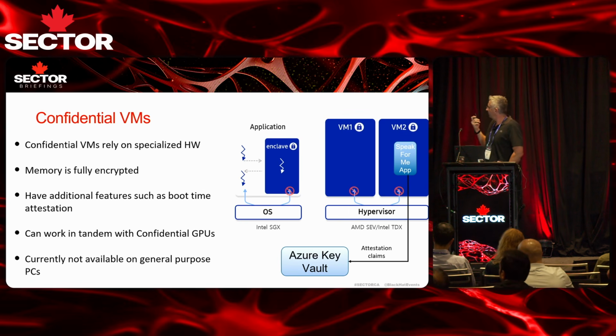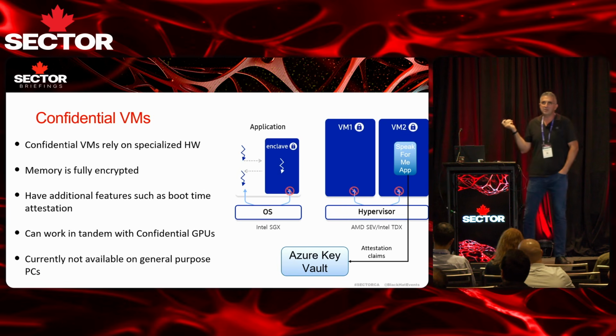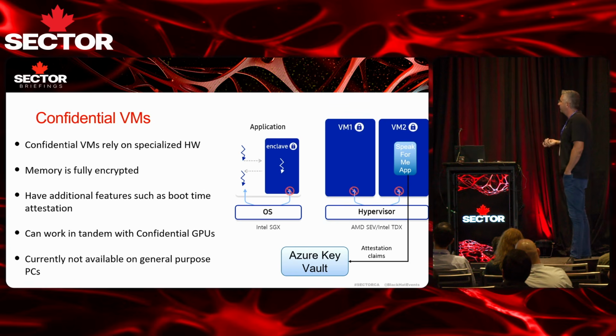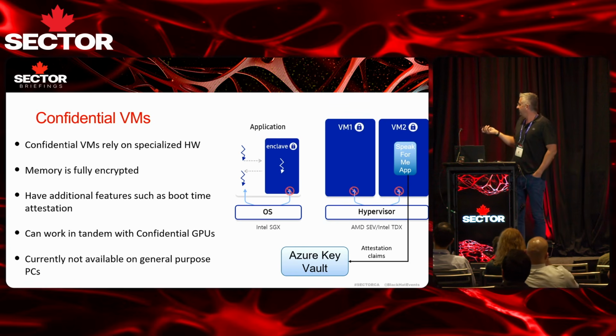After the boot is done, the Speak For Me application could request the underlying hardware to send attestation claims to some web service that secures the key for the model, such as, for example, Azure Key Vault. And what are attestation claims?